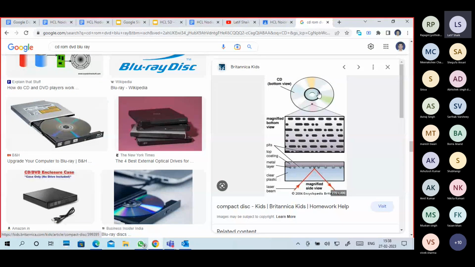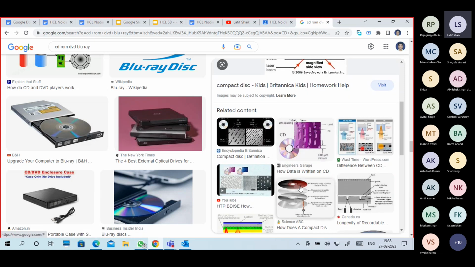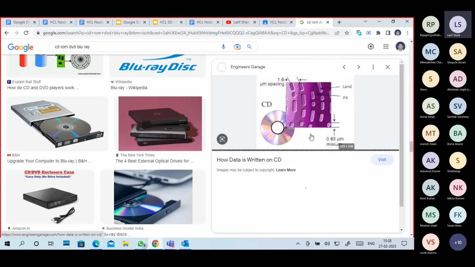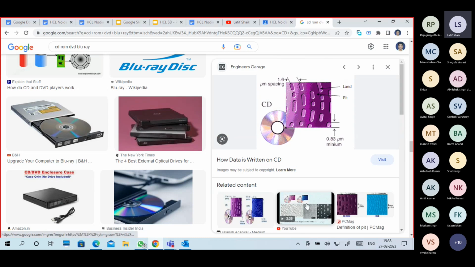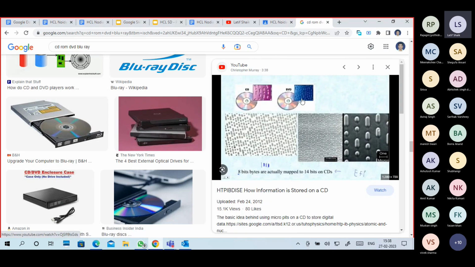Can you see this one, guys? On the bottom of a CD there are pits. In a CD-ROM, the density of these pits is lighter compared to DVDs. If you compare CD to DVD, DVD has a very thick density.